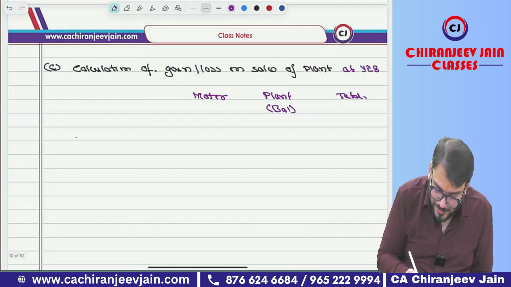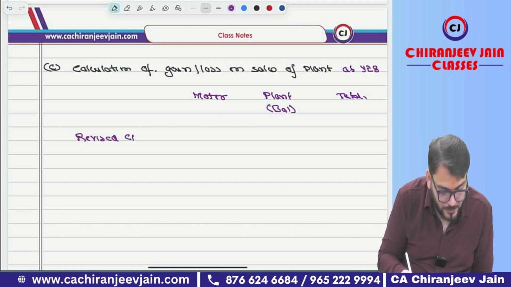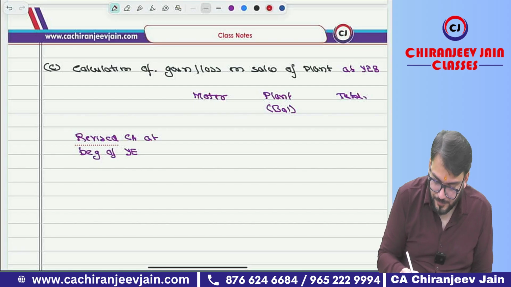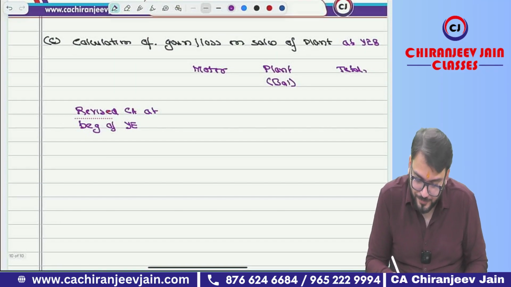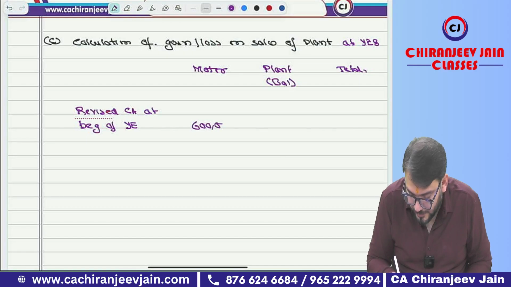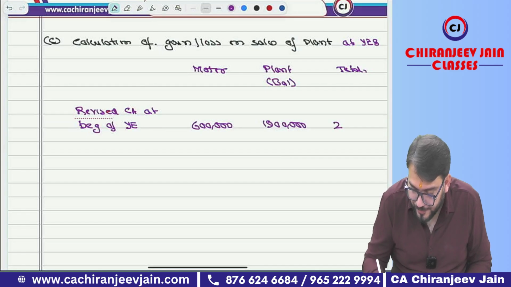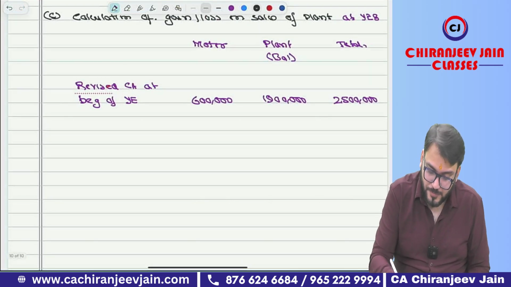So what is the revised carrying amount at beginning of year 5 after revaluation? So it will be equal to 6 lakh, 90 lakh, 25 lakh.